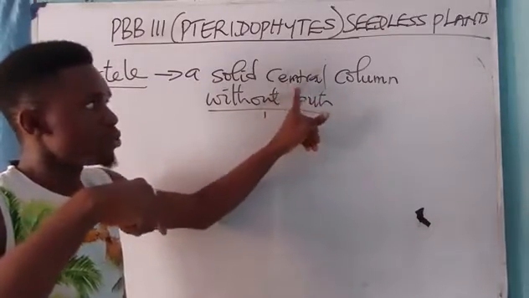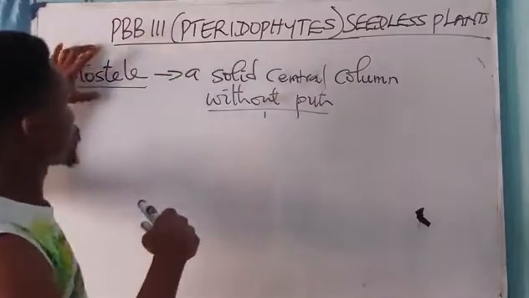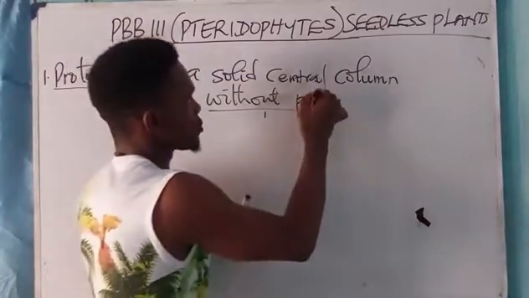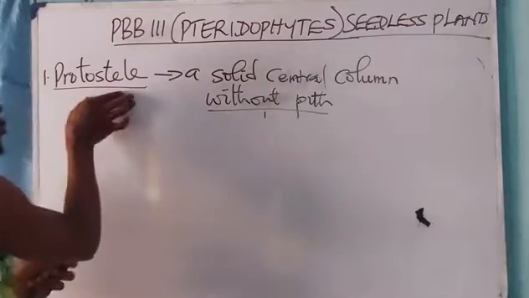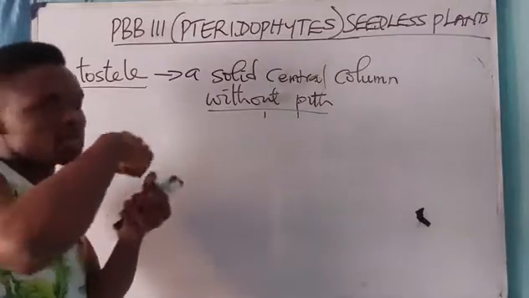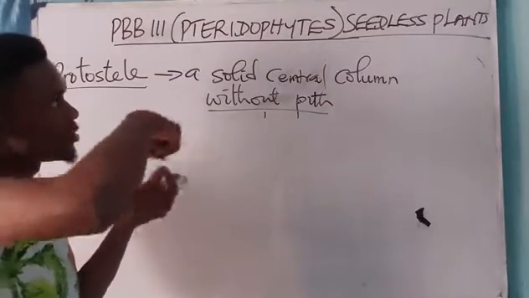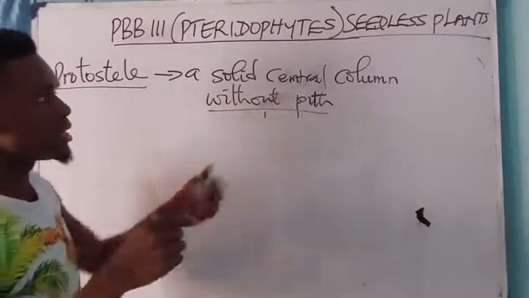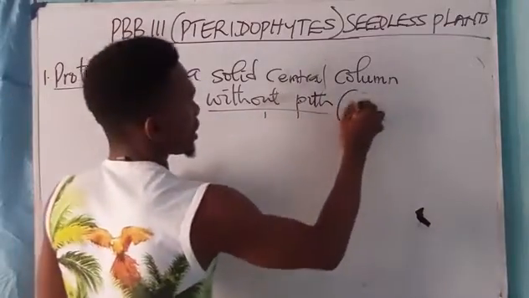Central means middle. This protostele lacks a pith, P-I-T-H. A protostele is a pteridophyte whose stem has a central solid column that lacks pith. A good example is found in Lycopodium.